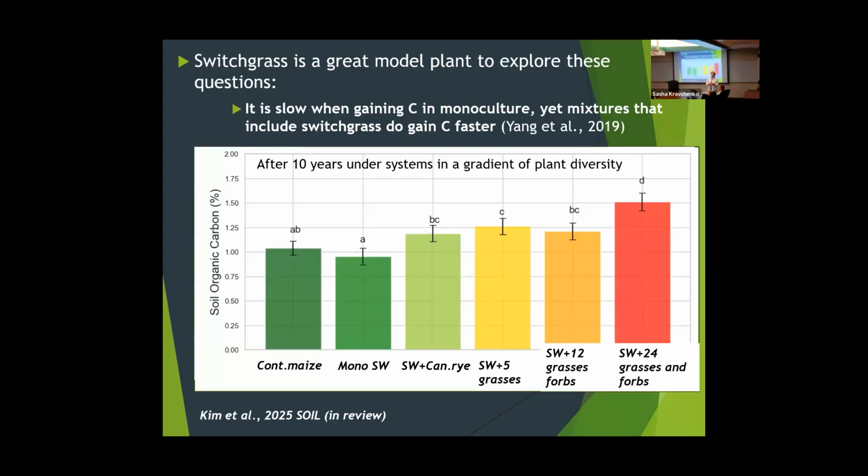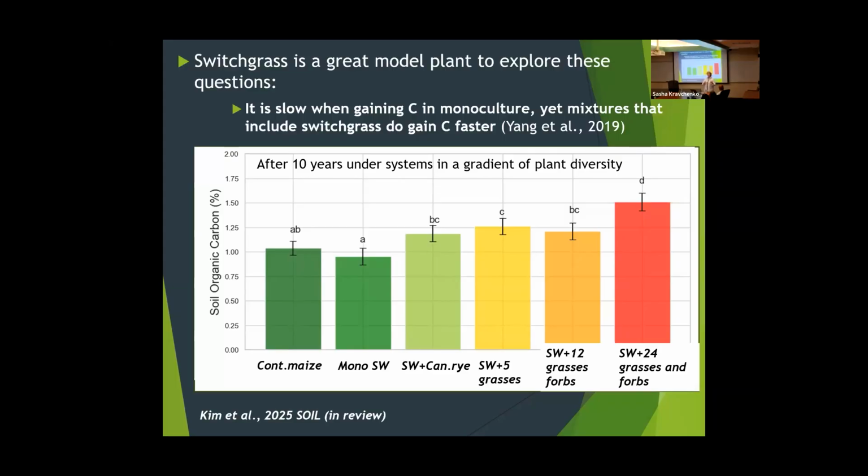And so switchgrass happened to turn out to be a great model plant to explore these questions.